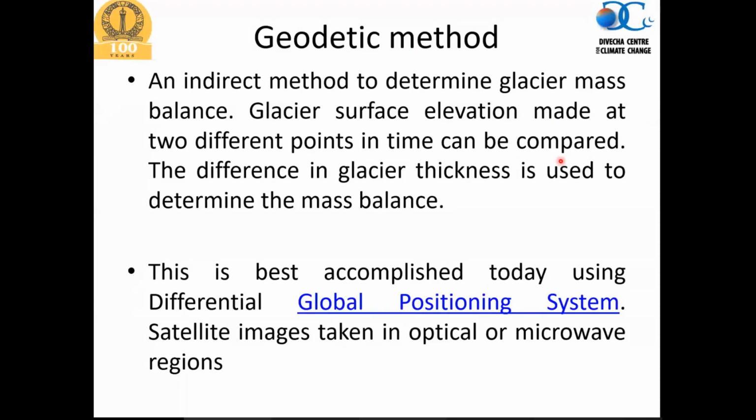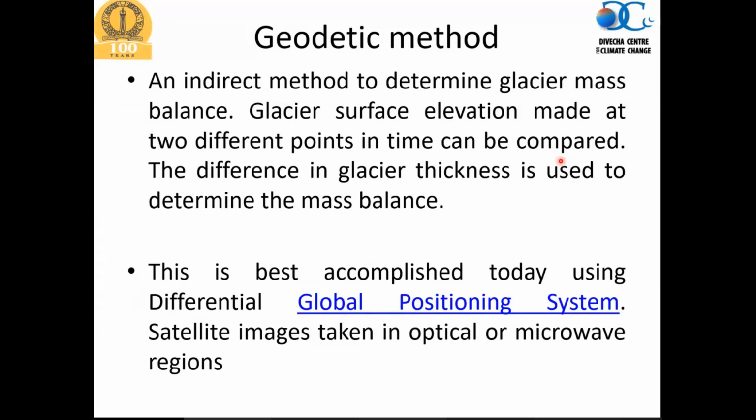and I am sure some of you will do these exercises this afternoon. There is another method to understand glacial mass balance, the geodetic method. This is an indirect method to determine glacial mass loss. Essentially, you develop a digital elevation model where you get the surface elevation of glaciers.